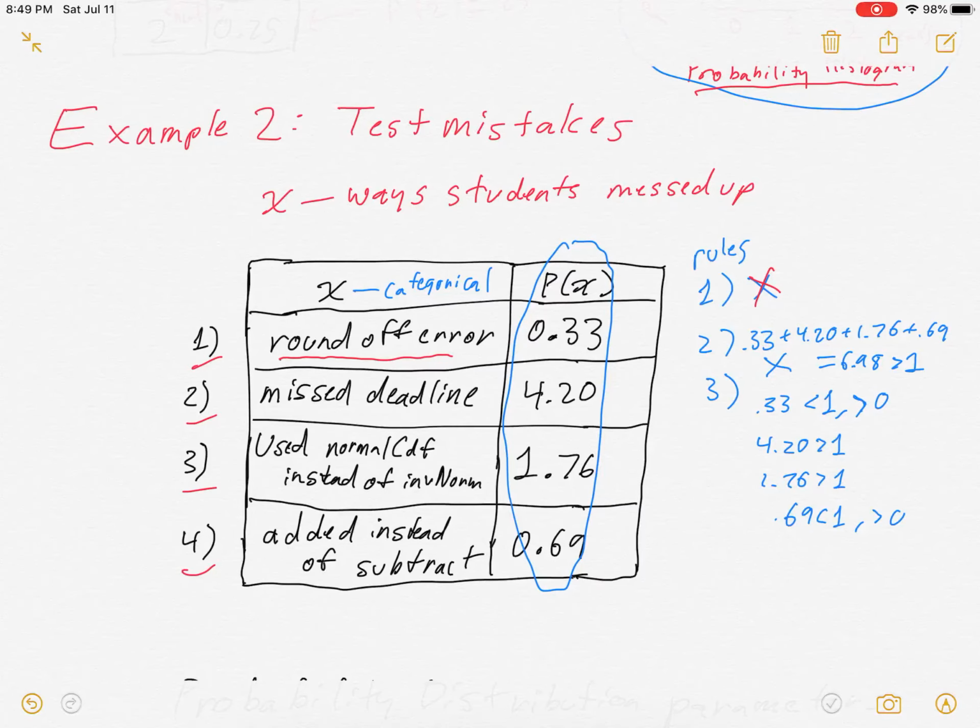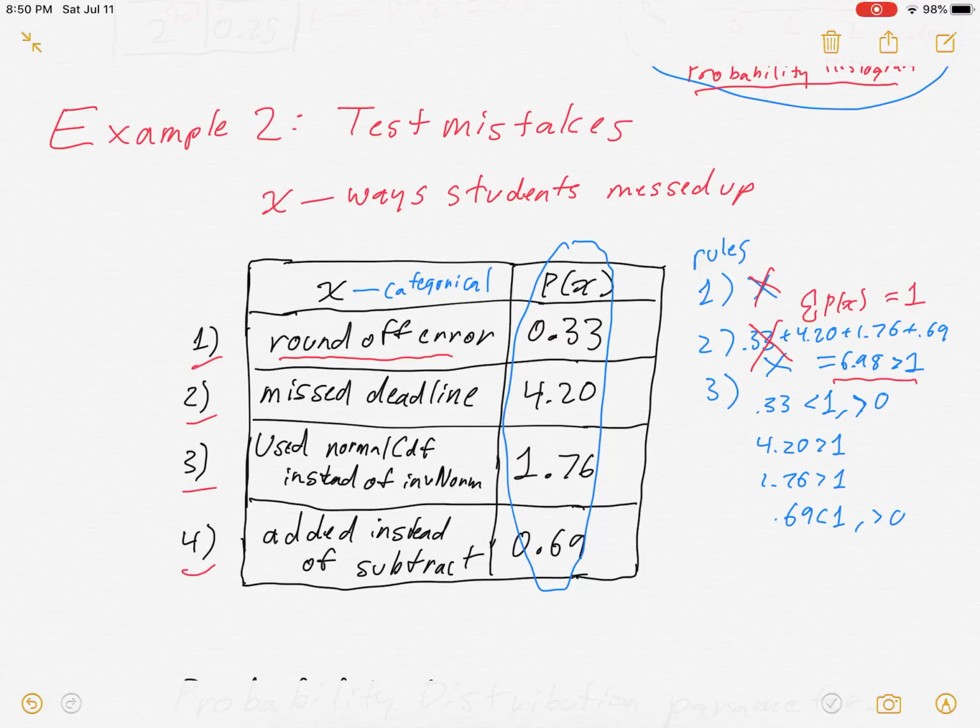The second rule is that the sum of the probabilities equals 1, or 1.01 or 0.999. But as you can see here, I did the math. The probabilities, when summed up, equal 6.98, which is greater than 1, so the second requirement fails.